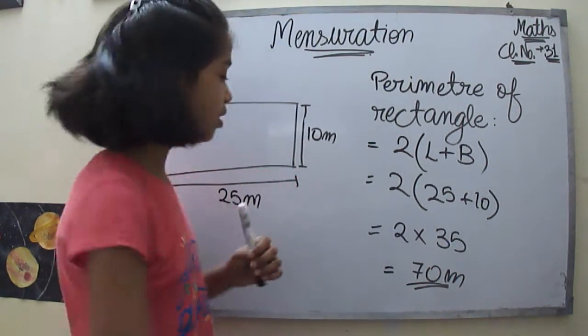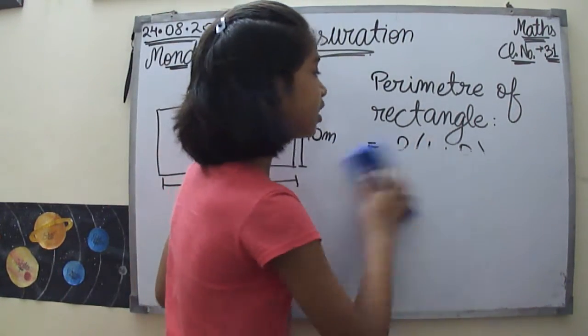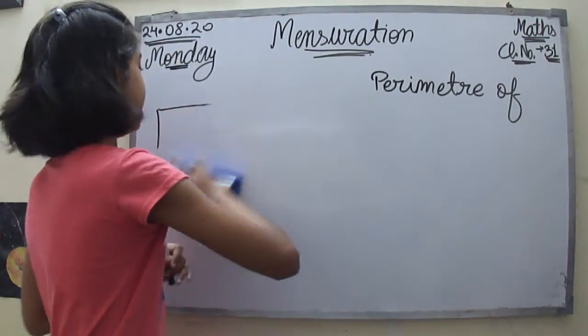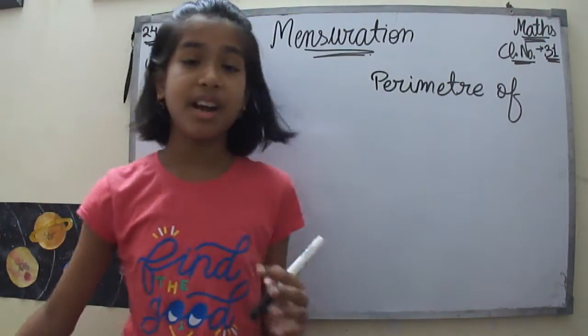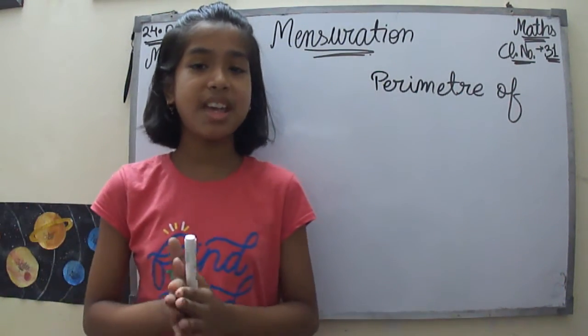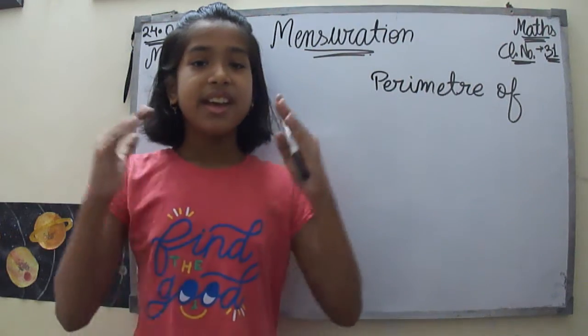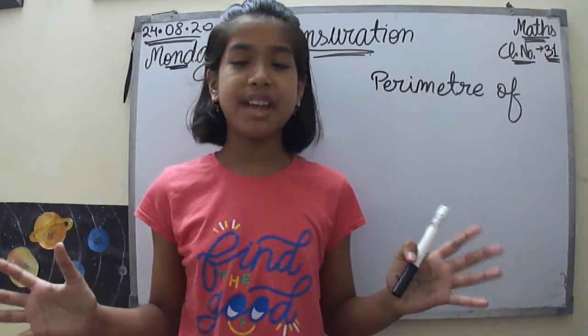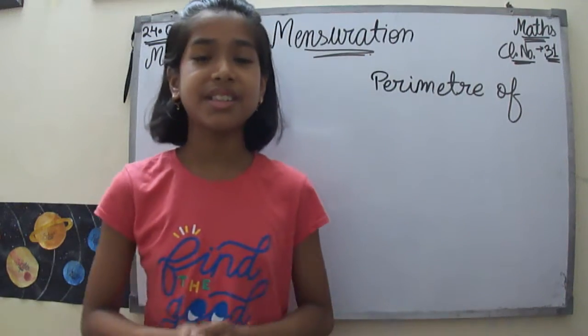Now let's move on to another polygon. What if you want to calculate the perimeter of an n-sided polygon? What do you mean by an n-sided polygon? So a polygon could have many sides or an infinite number of sides, right?